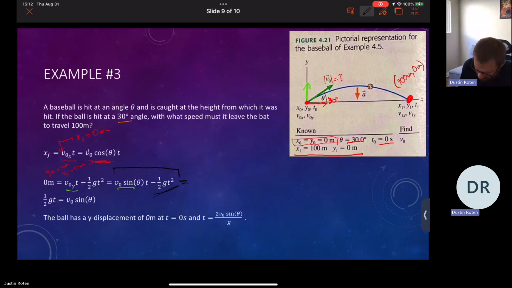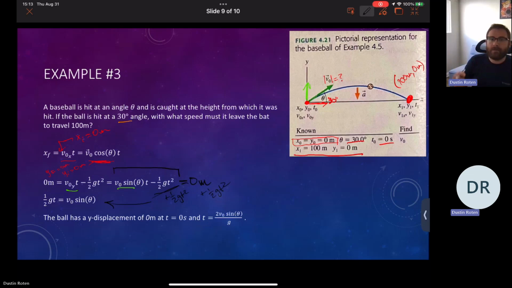We know this thing has to equal 0 meters. So now let's just solve for v0. See, we can actually move gravity over. So plus 1/2 gt squared on both sides. That's going to give us this line right here. 1/2 gt equals v0 sine theta. Essentially, I just canceled out one of the t's as well.